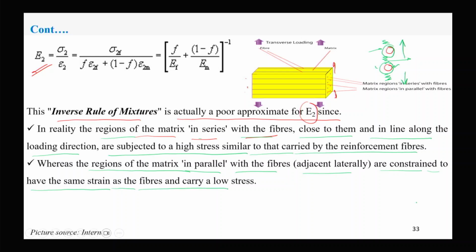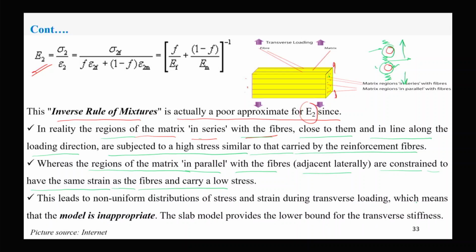So the other zone in between the fibers will not be stressed at that level also. So that's why this leads to non-uniform distribution of stress and strain in the total structure, which means the model is inappropriate. So this transverse model is inappropriate.